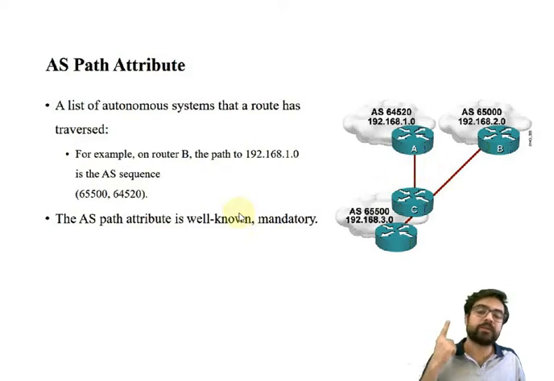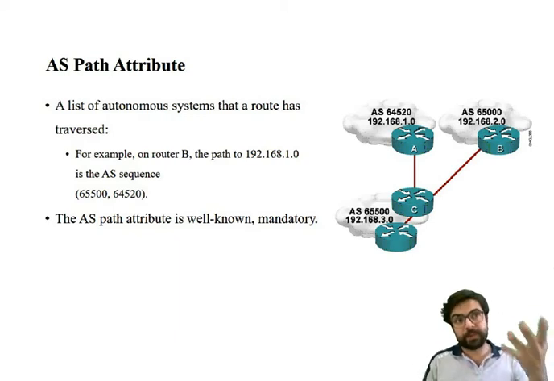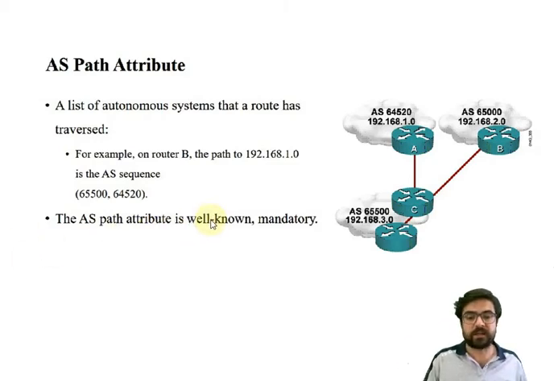So on router B, we'll see something like that: these two AS numbers. I think on episode 1 or 2, I told you about that, which is the AS path prepend. And it's well known, and it means all of the routers know about that. It is mandatory. Good.